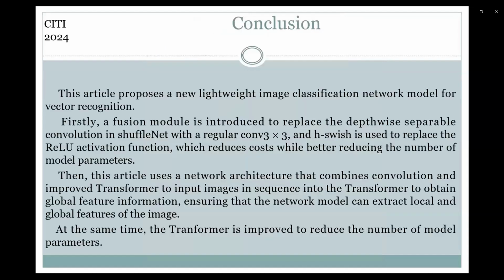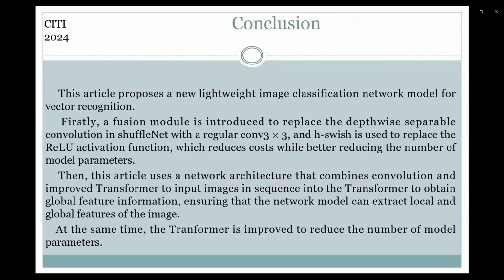The article proposes a new lightweight image classification network model for vector organism recognition. Firstly, a fusing model is introduced to replace the depthwise separable convolution in the sub-block with a regular convolution 3 multiplied by 3, and H-swish is used to replace the ReLU activation function, which reduces costs while better reducing the number of model parameters.